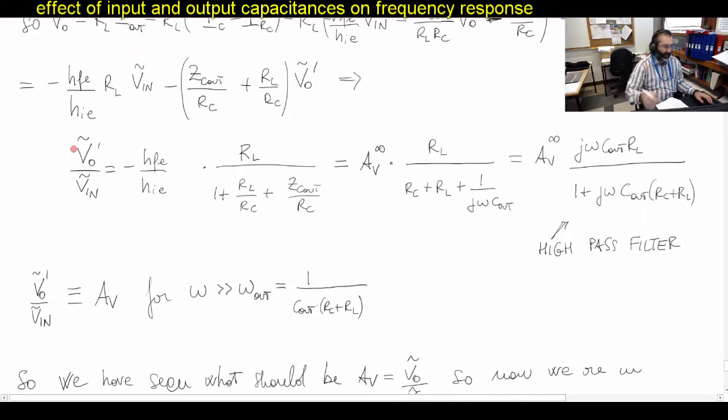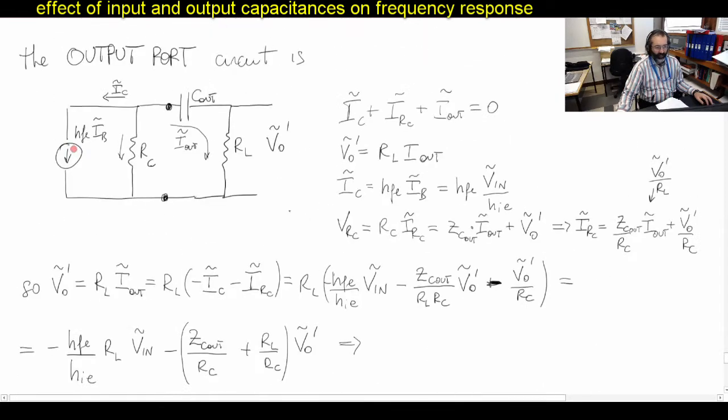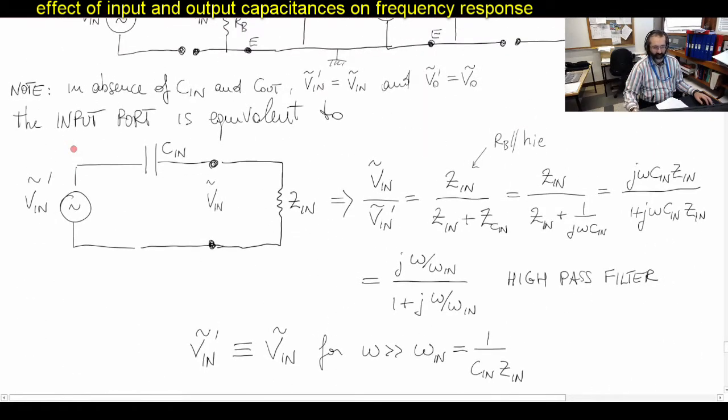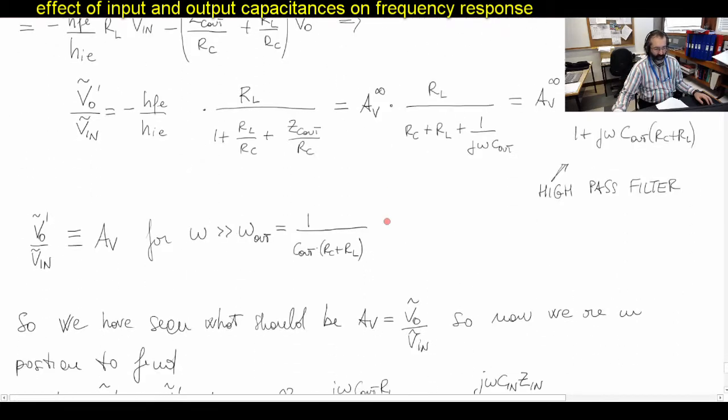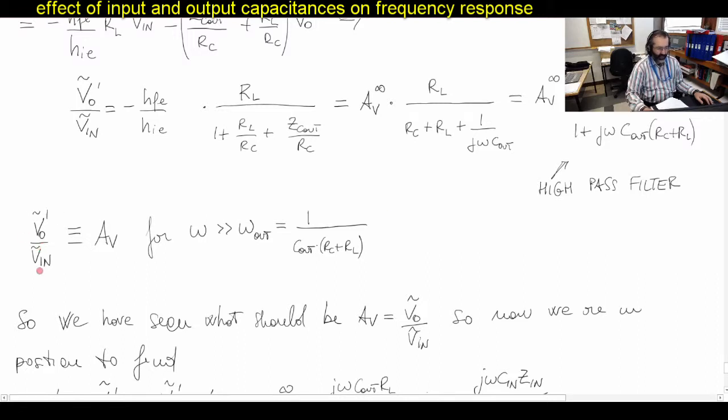In the previous step, by looking at the input circuit, we calculated the ratio between V in and V in prime. Now we calculated the ratio between VO prime and Vin. We can now try to combine them to find the ratio between VO prime and Vin prime, which is the total amplification of the entire circuit that takes into account the presence of the two capacitors, C in and C out.